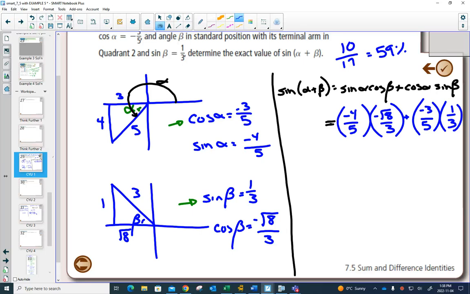We have to write our answer as a fraction in the end. Can you see you can multiply those two and you get 4√8 over 15. And if I multiply these, I would get plus -3 over 15. I could have simplified that, but it's nice to have the common denominator because you have to write your final answer as a single fraction.